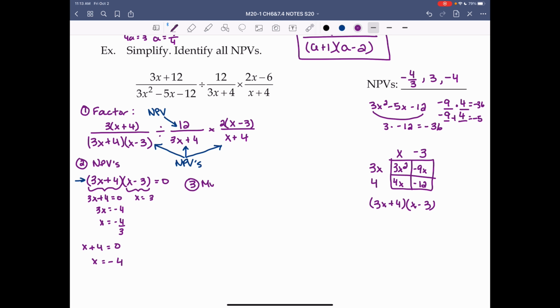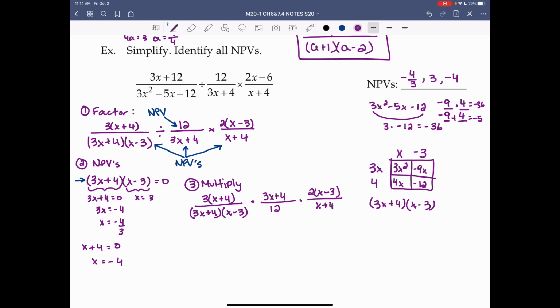Step 3, we want to do our multiplying. We have 3x plus 4 over 3x plus 4 times x minus 3. We're going to kiss and flip this fraction, so it becomes multiply by 3x plus 4 over 12, and then multiply by 2 times x minus 3 over x plus 4.